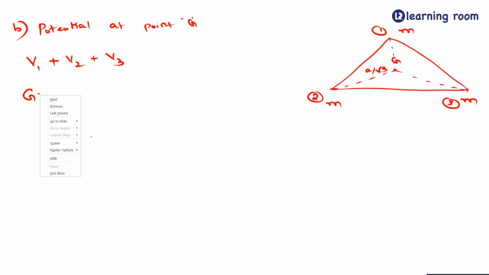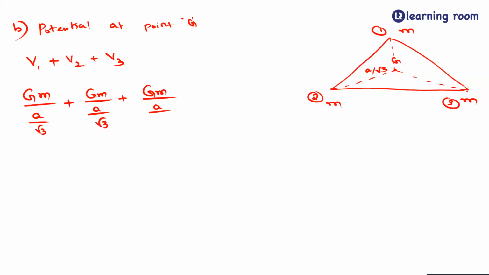So it is Gm divided by the distance from the vertex to the centroid, A by root 3, plus G small m divided by A by root 3 plus G small m divided by A by root 3. So it will be 3 times root 3 into Gm divided by A.